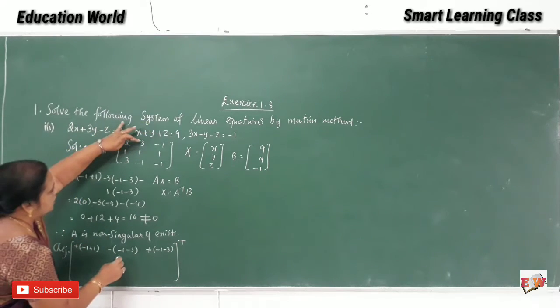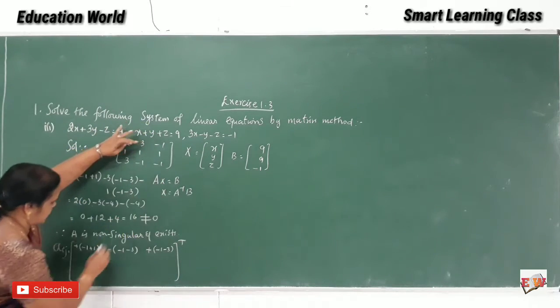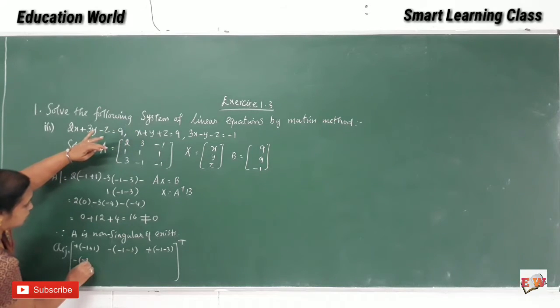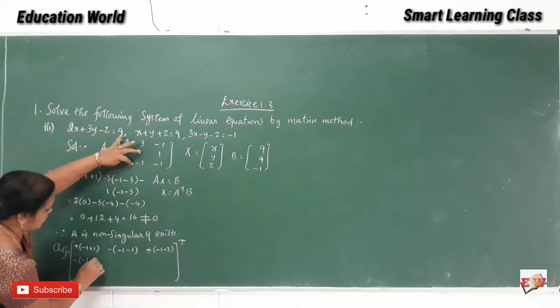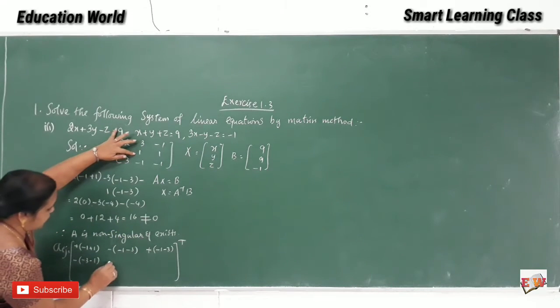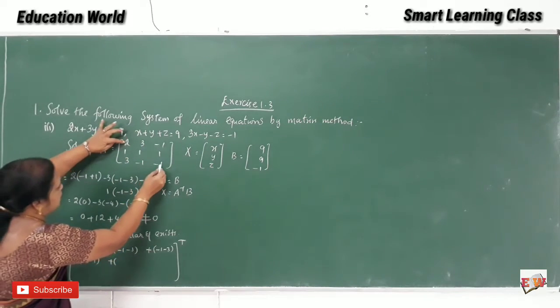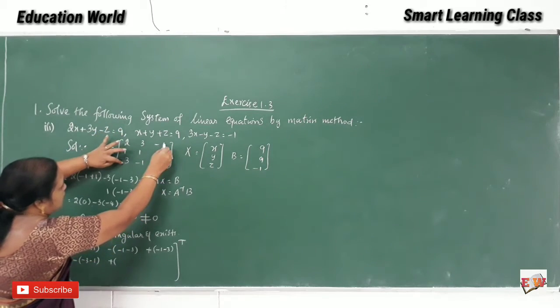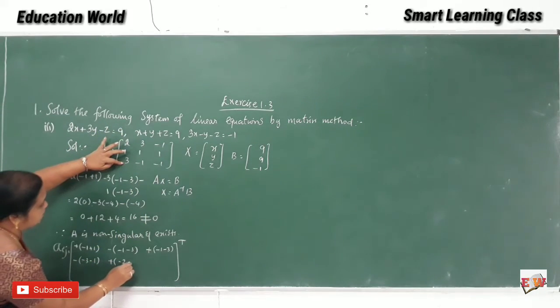Next row, first column, minus 3 into minus 1, minus 3 minus 1, minus into minus plus, it will come. For this element, see, 2 into minus 1, minus 2 plus 3.